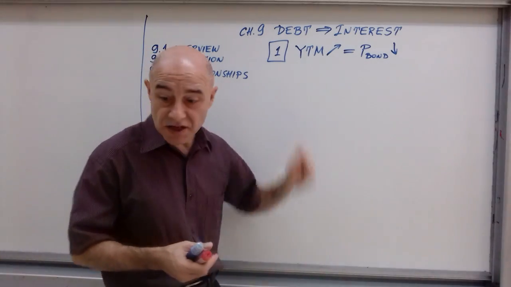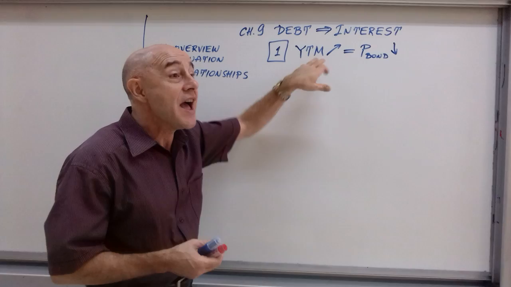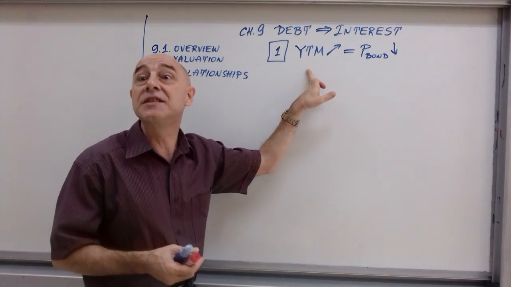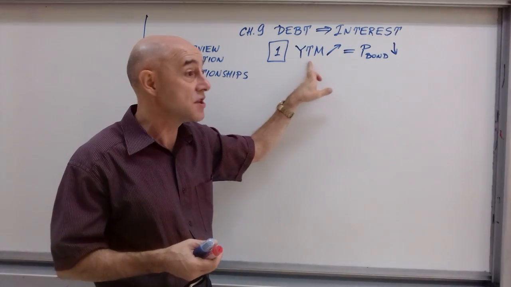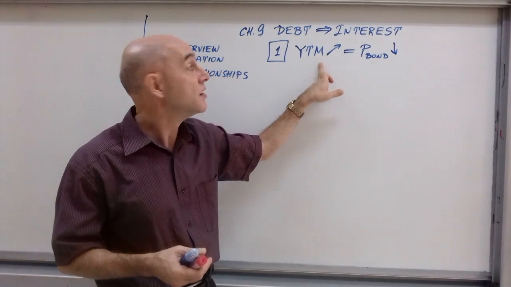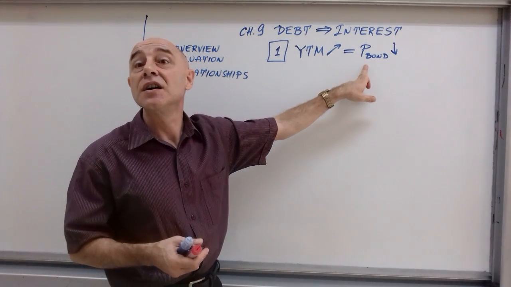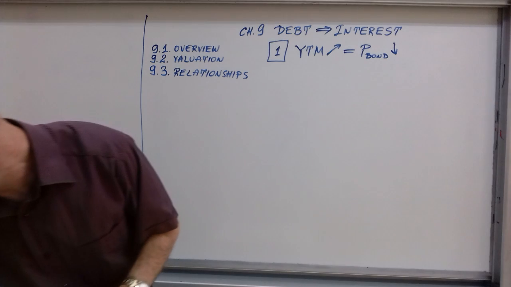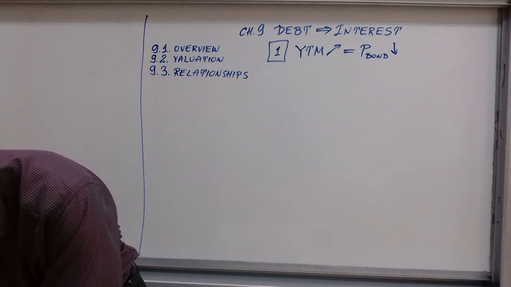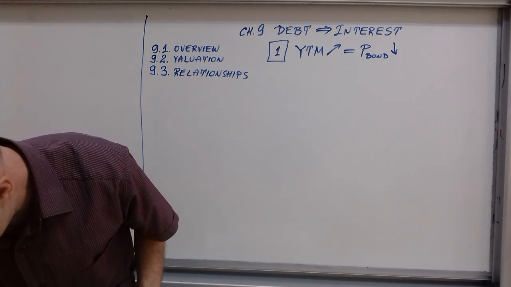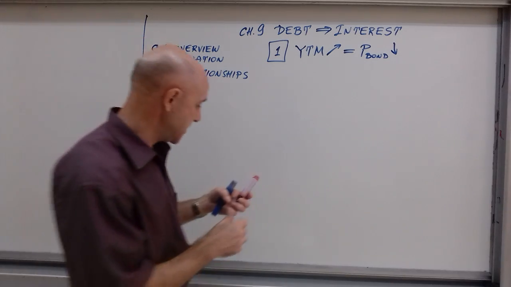Alright, so that's the first basic relationship. As you increase the discount factor, which is the yield to maturity, the price gets lower. That's easy. So that's, again, page 296.